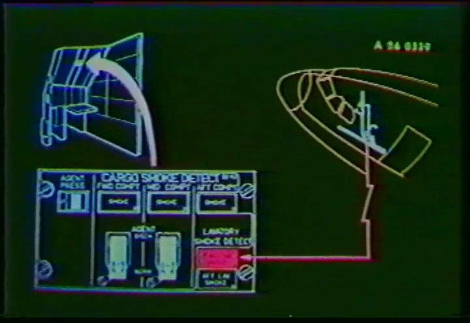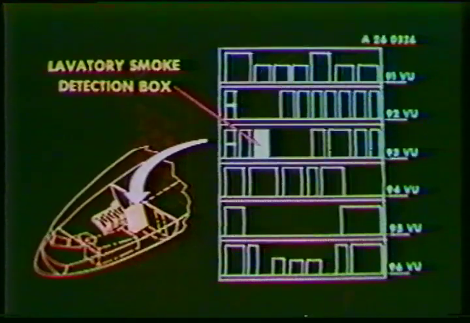The smoke detectors in the forward lavatories and the two in the rear lavatories vent duct are associated with the corresponding smoke warning light located on the cargo smoke detect panel. A second electronic detection box is used to analyze the information from the lavatory's smoke detectors. This box is also located in the right-hand electronic rack.